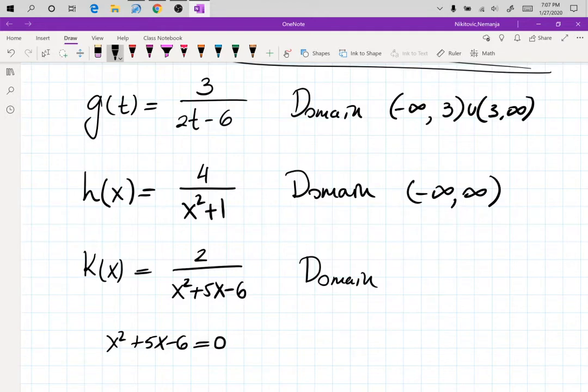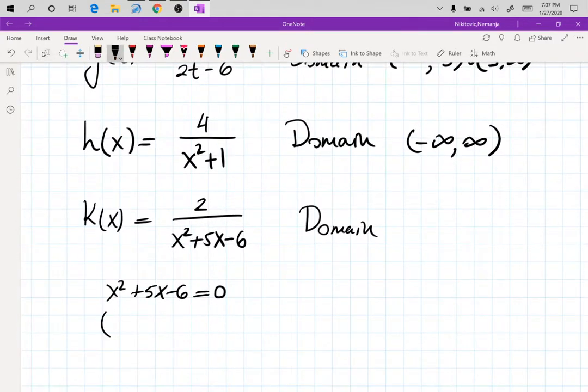Now you use regular factoring you learned in algebra, whatever factoring technique, or you can use the quadratic formula. I don't care. Just do whatever you know.